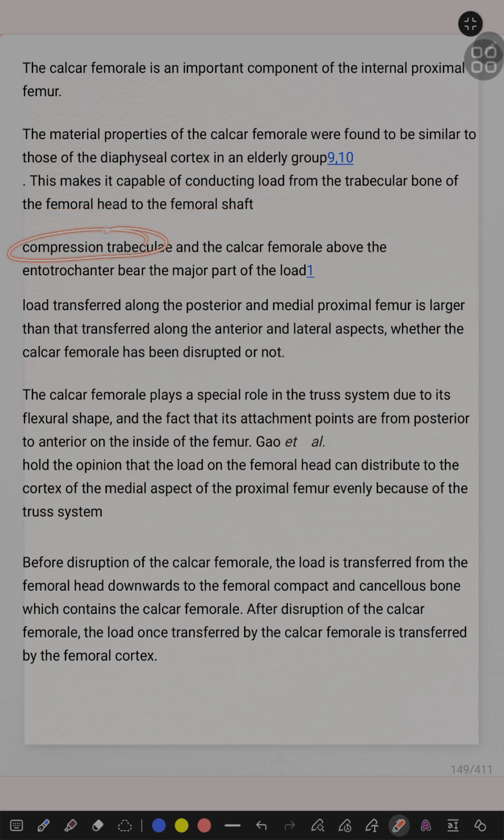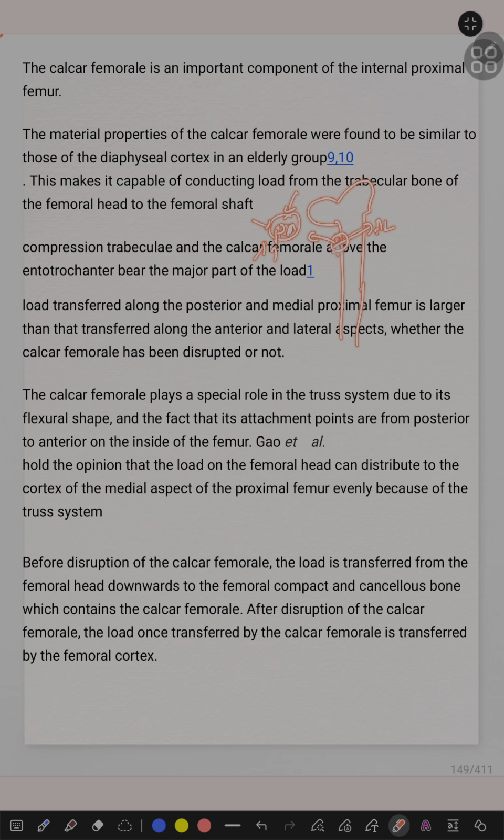The compression trabeculae and the Calcar Femorale above the intertrochanteric region bear the major part of the load. It extends from the posterior medial aspect to the anterior lateral aspect, and the posterior medial aspect is where the maximum compressive force, tensile force and load are found.